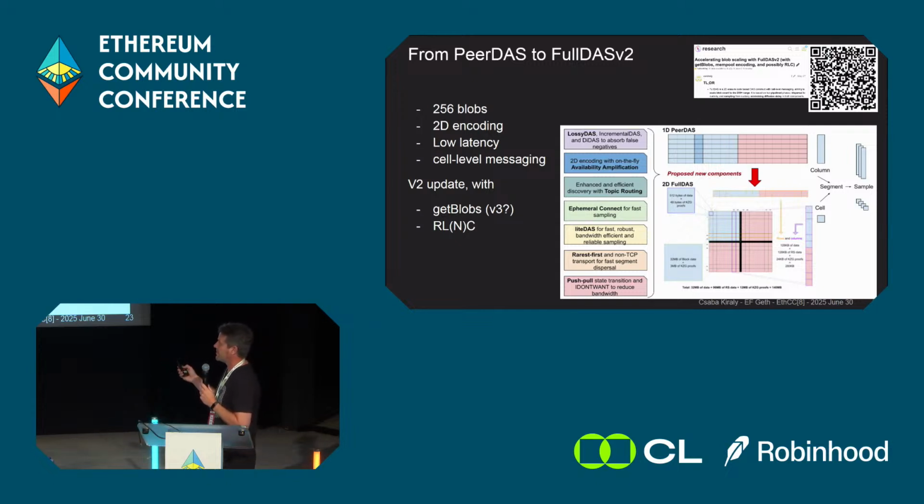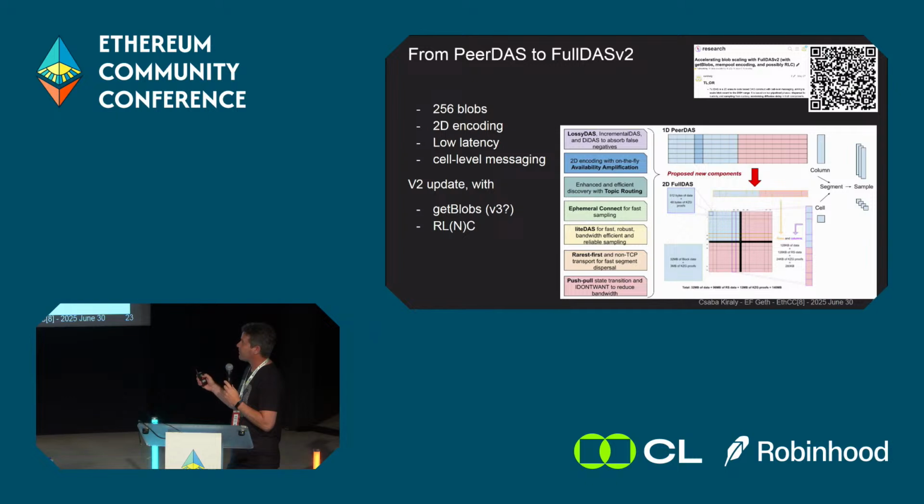So in the meantime, we started to use getBlobs. GetBlobs is basically passing blobs between the EL and the CL, removing an overhead that we had in the system, which is that the EL client was getting the blobs, and then the CL was getting the same blobs on a different path. So getBlobs is shortcutting that, and there is a proposal to make that a better, tighter integration with notifications flying between EL and CL.